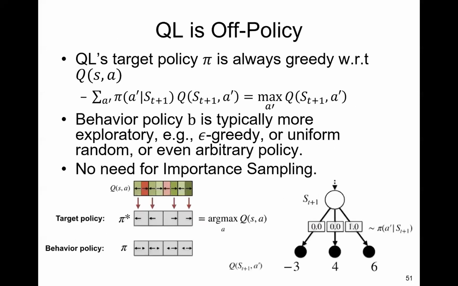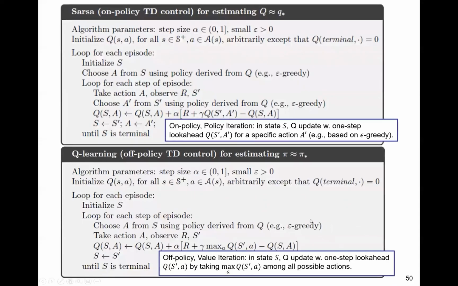If you look back at the pseudocode for Sarsa versus Q-learning, Q-learning updates the Q and then chooses the action from the updated Q. For Sarsa, it chooses an action A prime using the old Q, then updates to the new Q, and then commits the action based on the old Q. So even if they're both using a greedy policy, not epsilon greedy, there's still this subtle difference.